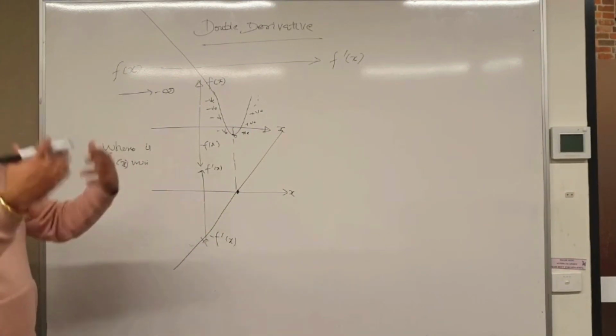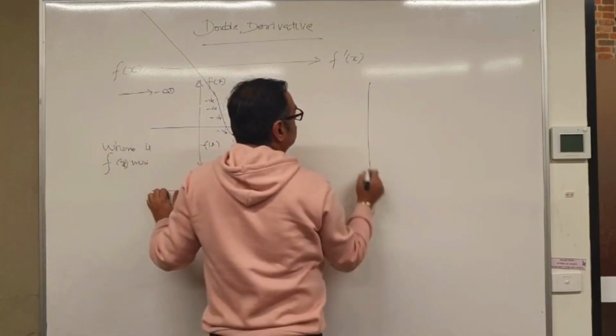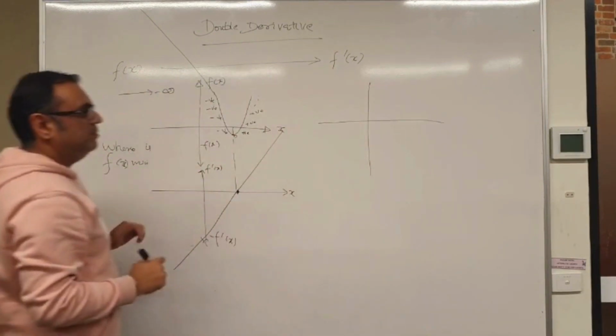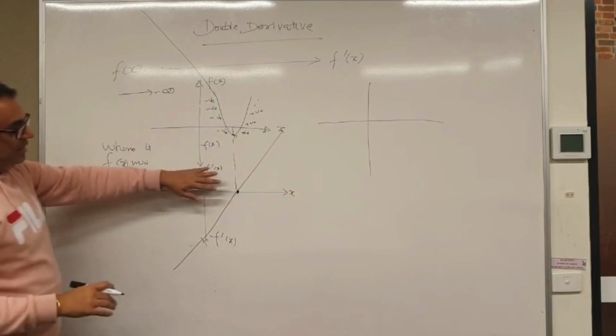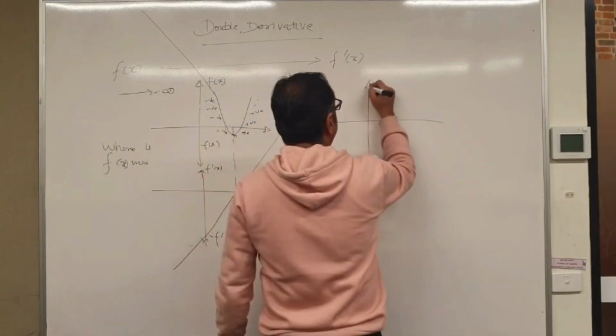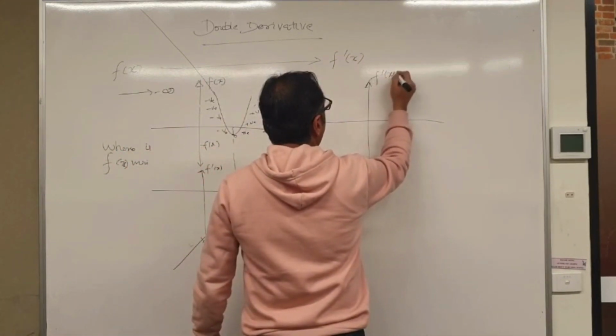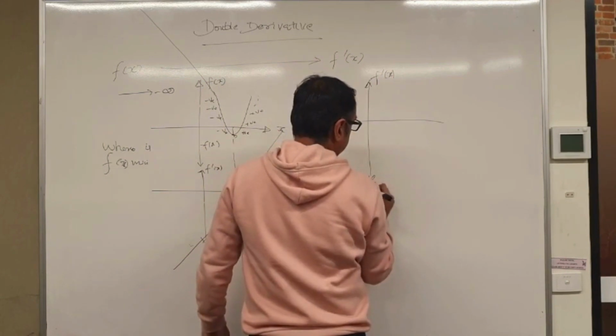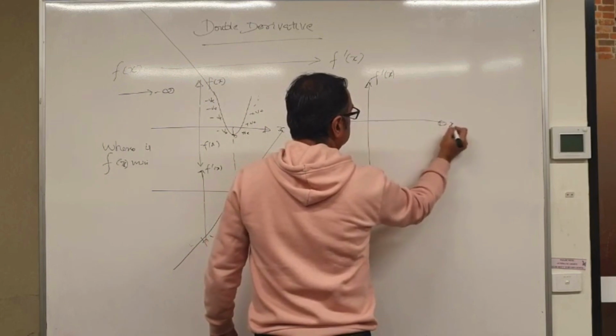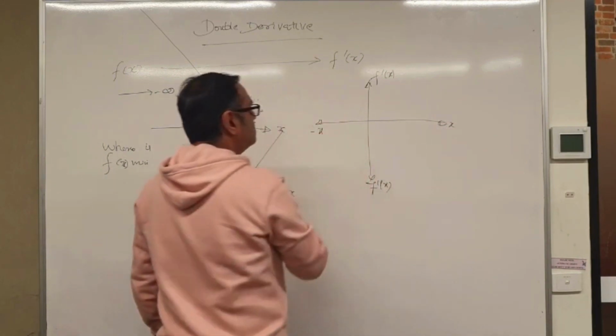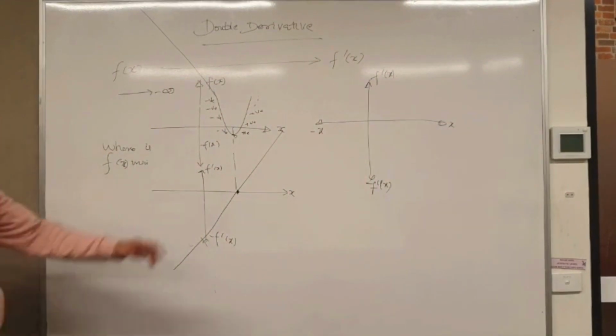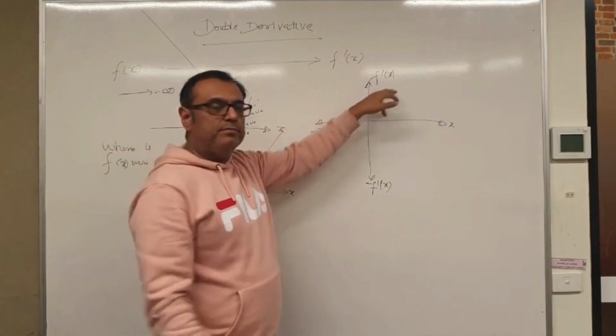Now I'm just drawing the f dash x now, right? What is f dash x?